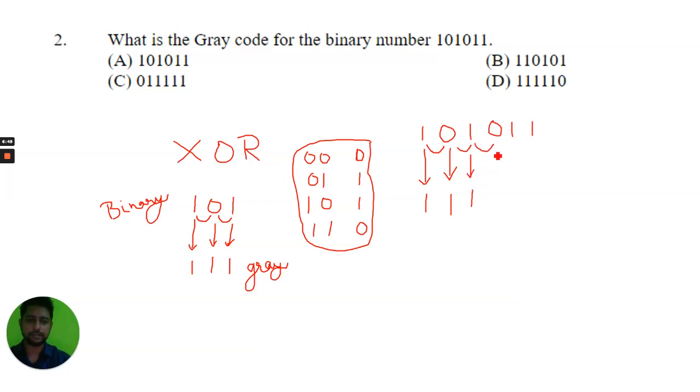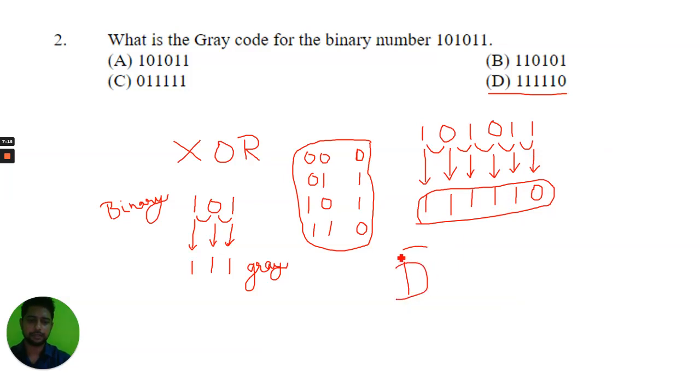XOR of 1 and 0 will again give 1. XOR of 0 and 1, we will get 1, and XOR of 1 and 1, we will get 0. So here is the answer for the second question, and the answer for this one is D. So option D is the correct answer.